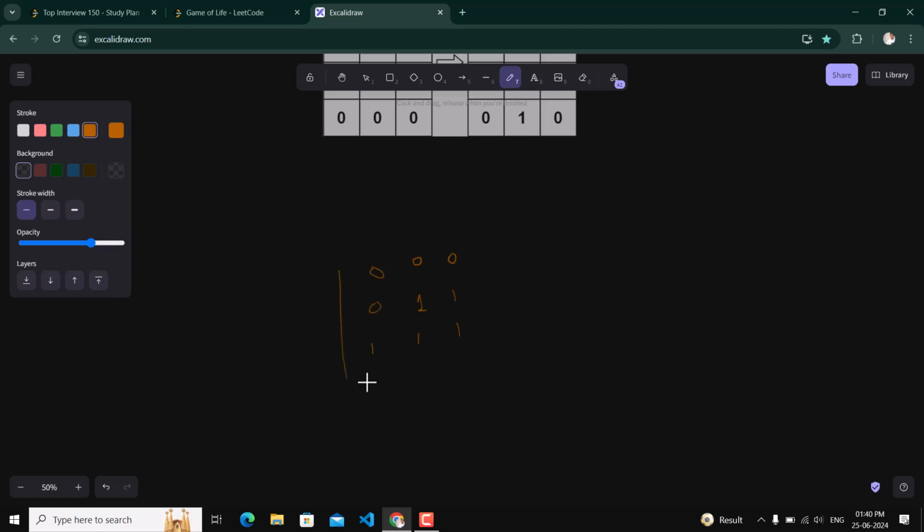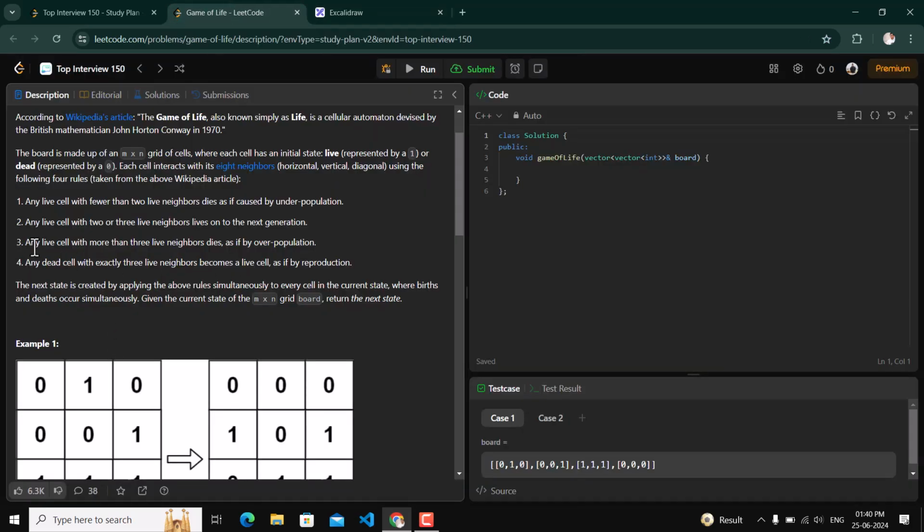This is our surrounding. We are considering this cell, and in its surrounding the live cells are greater than 3, so in its next stage it will die because of overpopulation. The next stage for the current scenario will be 0, 0, 1, 1, 1, 1. So this cell dies in the next generation because of overpopulation. This is given in the third rule.